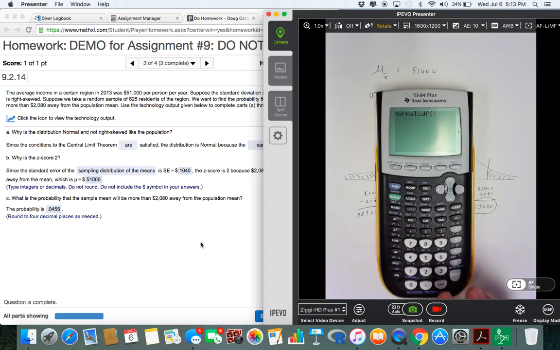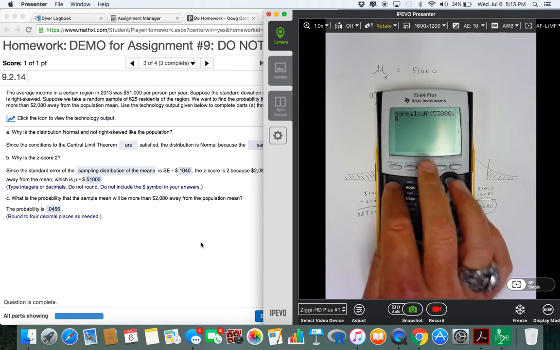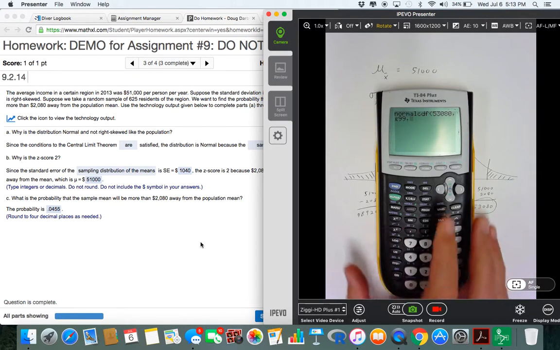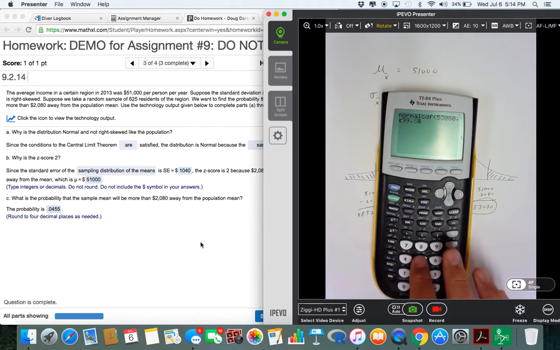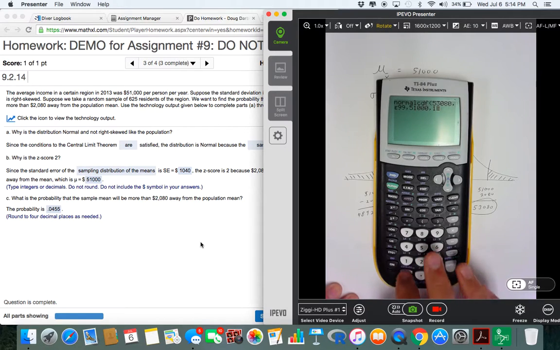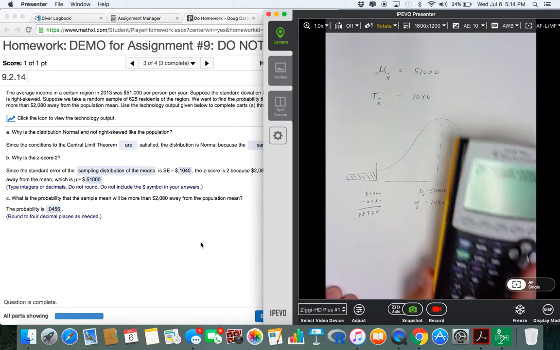My left bound on this is 53,080. I'm going up to infinity with a mean of 51,000 and a standard deviation, which becomes the standard error because I'm working a distribution of sample means problem, of 1,040.